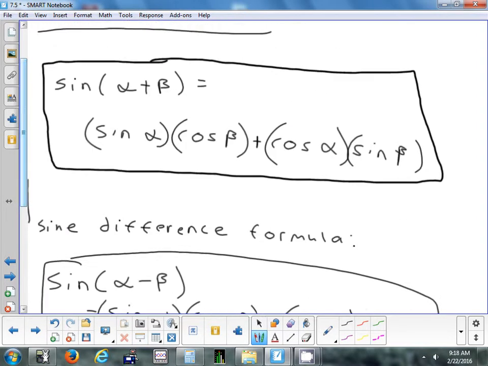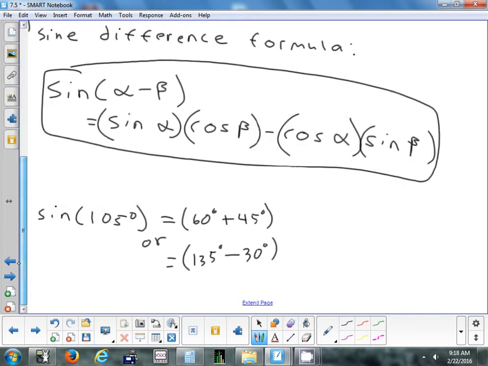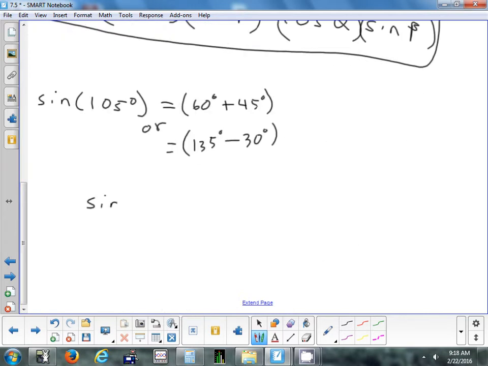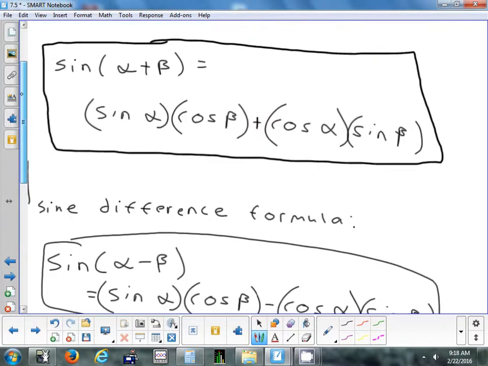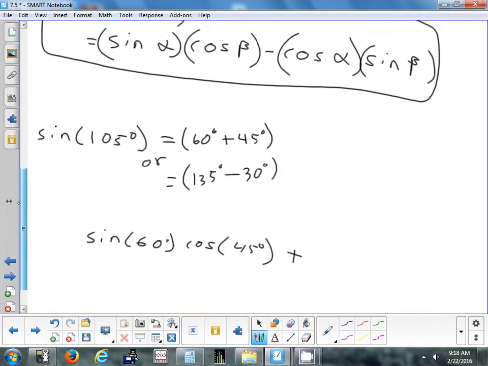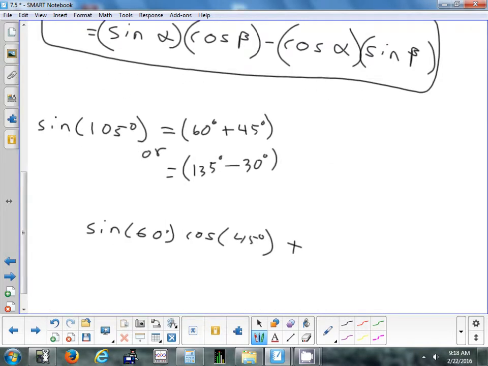So, sine of the first, cosine of the second, plus cosine of the first, sine of the second. Cosine 60, sine 45.